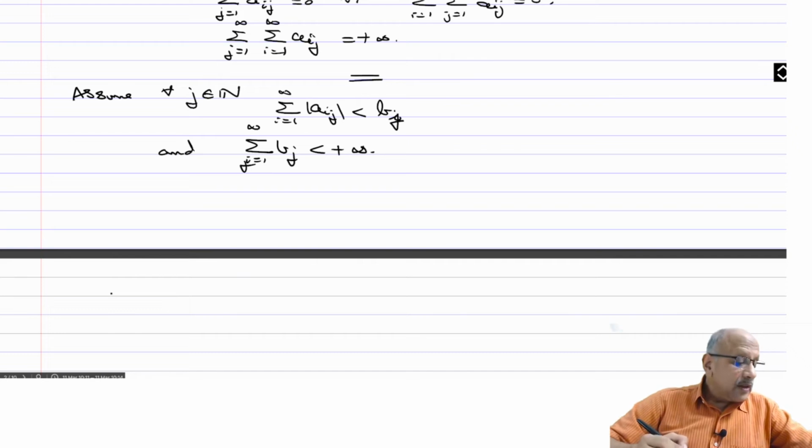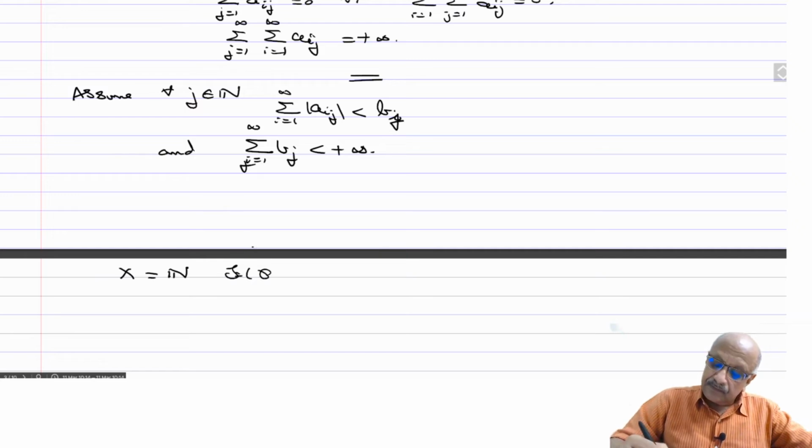So now let us take X to be the natural numbers, S equals the power set of N, and mu equals counting measure.